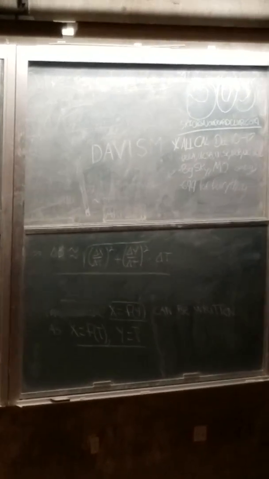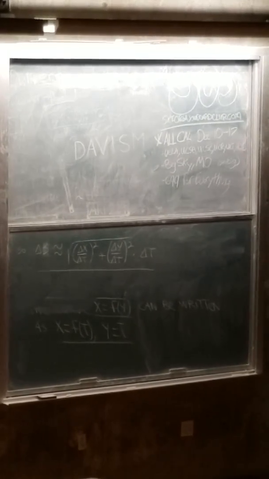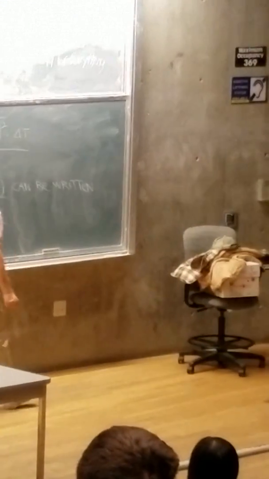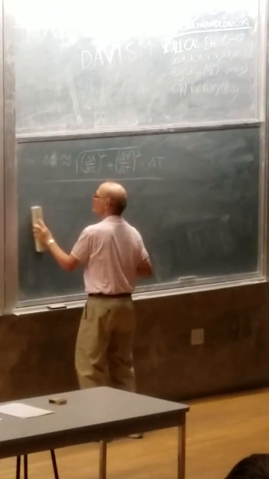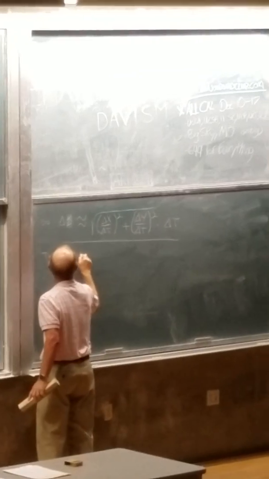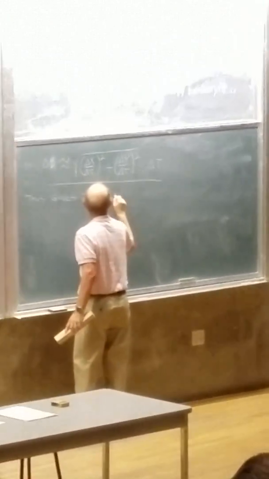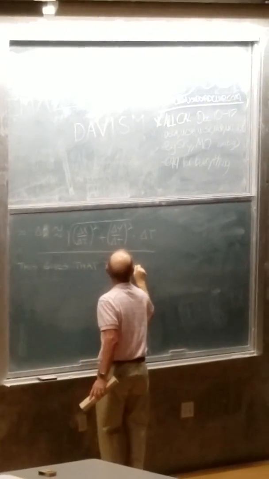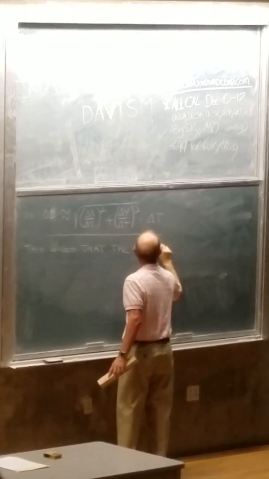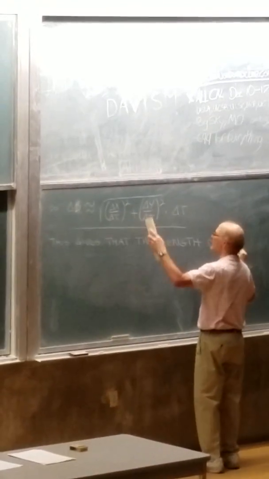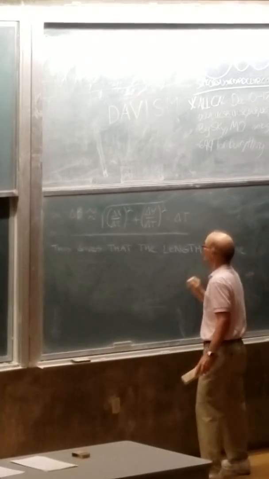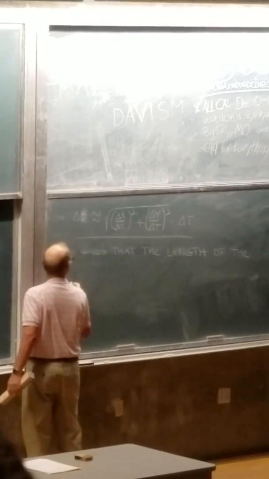So now what we want to do is add these up for each piece and take a limit as the norm of the partition of the interval from a to b goes to 0. This gives us that the length of the curve is going to be an integral that you get by adding up these approximations for each subinterval and taking a limit.